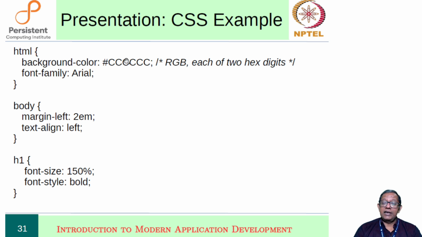This is in the RGB format. Each are of 2 hex digits. So this is the red, this is the green, and this is the blue. All of them have been mixed in equal proportion. This actually gives us a gray colored background. The entire HTML page is to be rendered in a gray background. This is what this particular specification says.